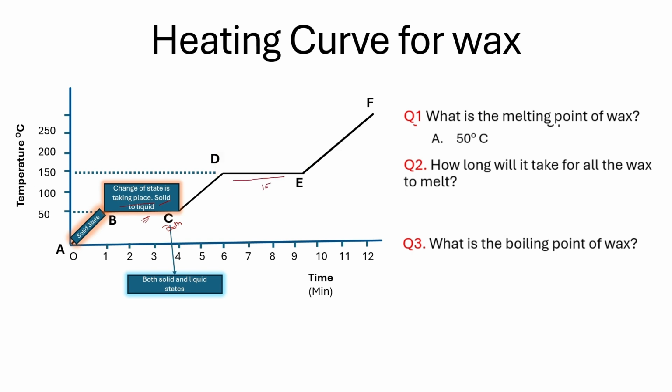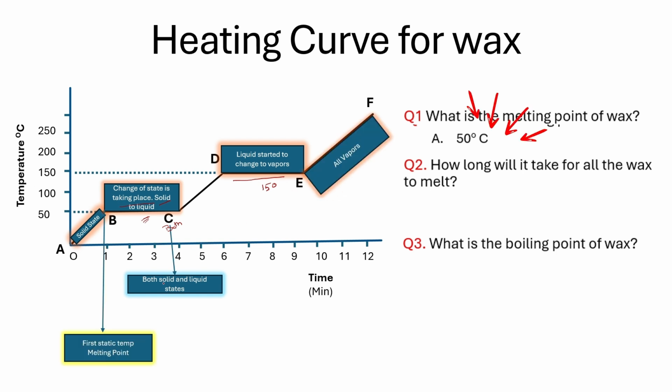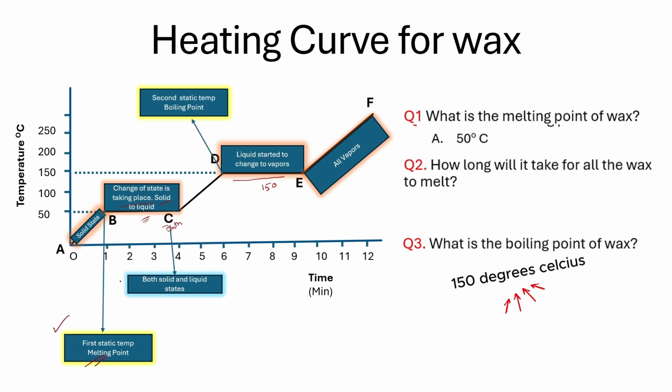Now at D the liquid has started changing into vapors till E, then from E to F it is all vapors. So the first static temperature is at 50, which is the melting point, and the second constant temperature is 150, which is the boiling point.